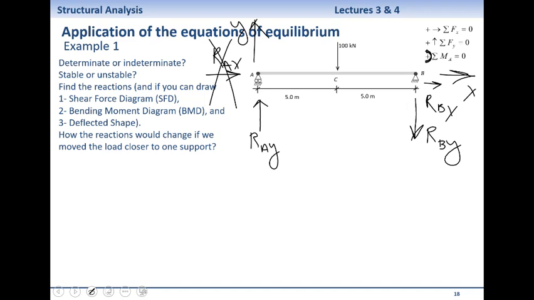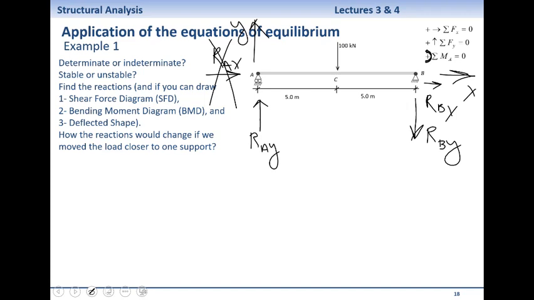They cannot. The only type of support that can produce a resisting moment is a rigid connection, and it's none of the two. Okay, so that's my starting point. So I look at AB.